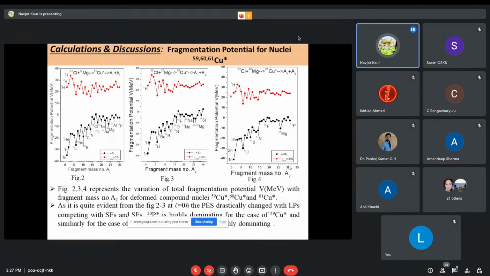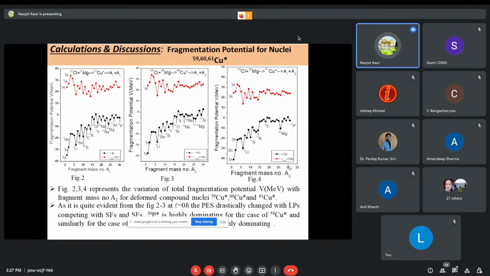So calculations and discussion. Firstly I will talk about the fragmentation potential for 59, 60, and 61 copper. Figures 2, 3, and 4 show the fragmentation potential for these isotopes.